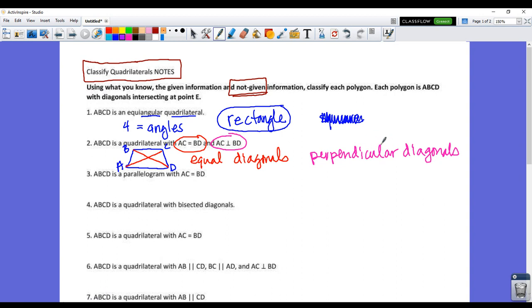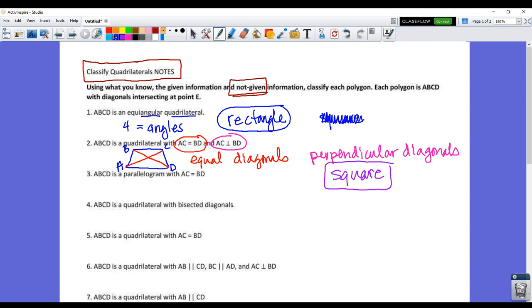But there's only one shape that has both equal and perpendicular diagonals, and that's going to be a square. That's the one that satisfies both of these properties. So this is the square: a quadrilateral with equal and perpendicular diagonals.